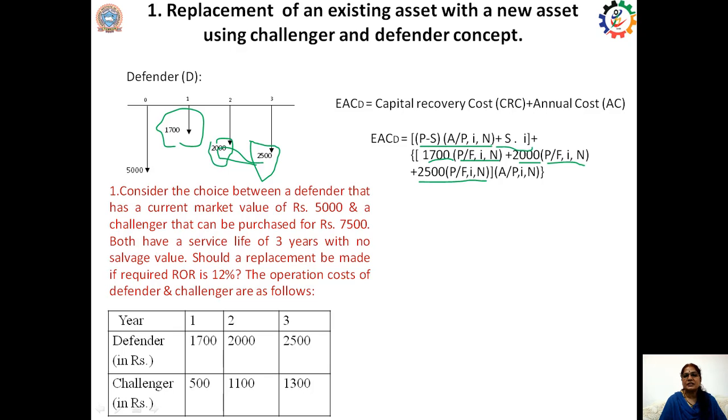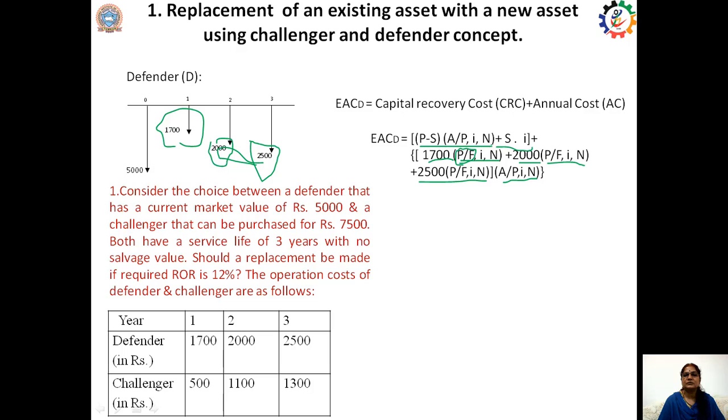Now outside this square bracket, within this flower bracket, this entire square bracket is nothing but present worth, because F got converted into P here. So this is present worth, this is present worth, this is present worth. All present worth values can be added.